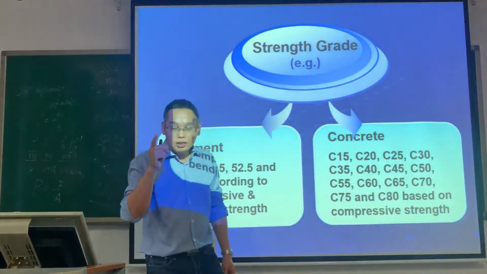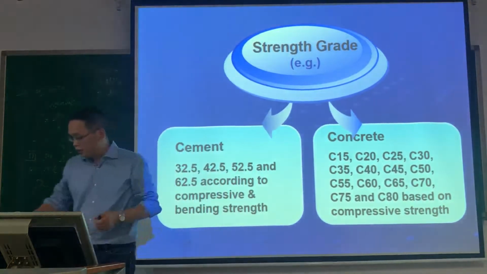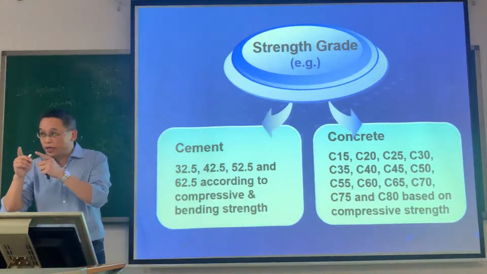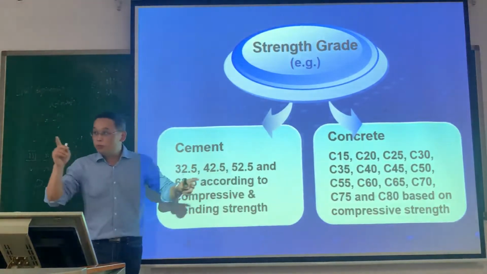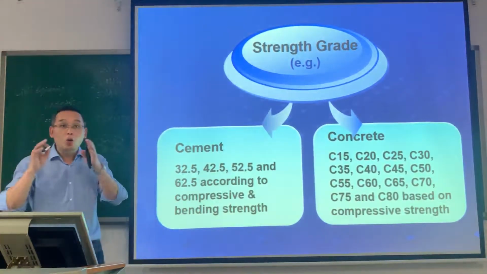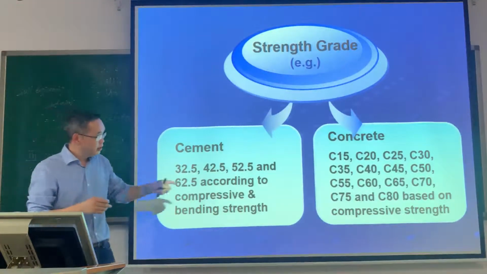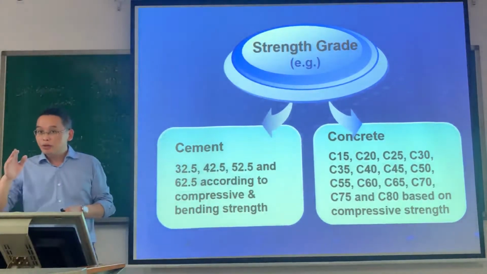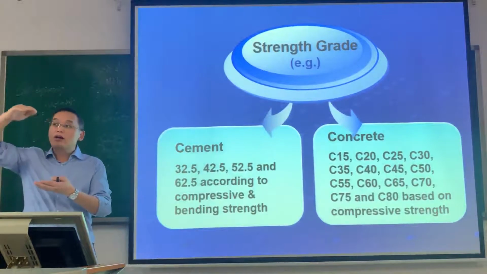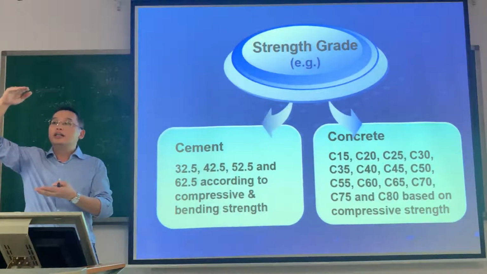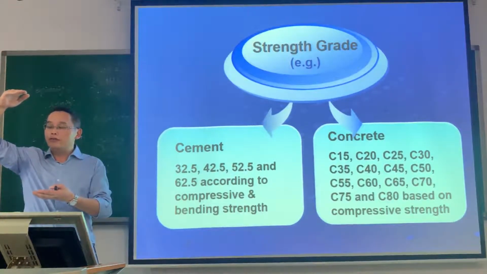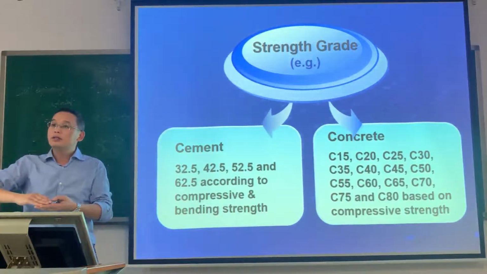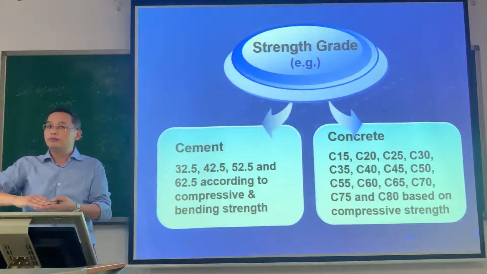Because for cement, if the strength grade of cement is 52.5, we can get the strength of the concrete. Maybe you think it is bigger than 52.5, or lower.